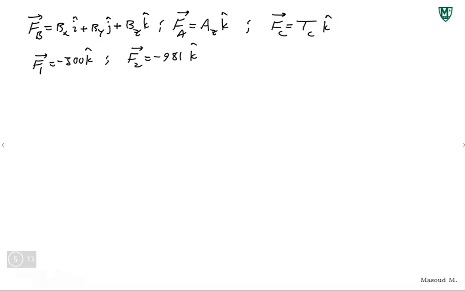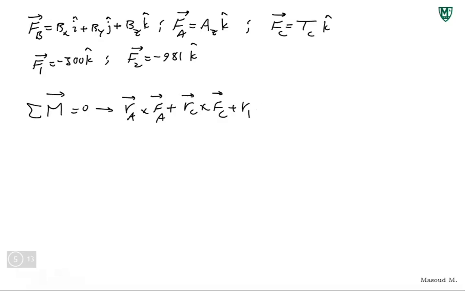So now let's do this. The moment about B is equal to 0, right? It's going to be RA cross FA plus RC cross FC. We know FB is not needed. Plus R1 cross F1 plus R2 cross F2.